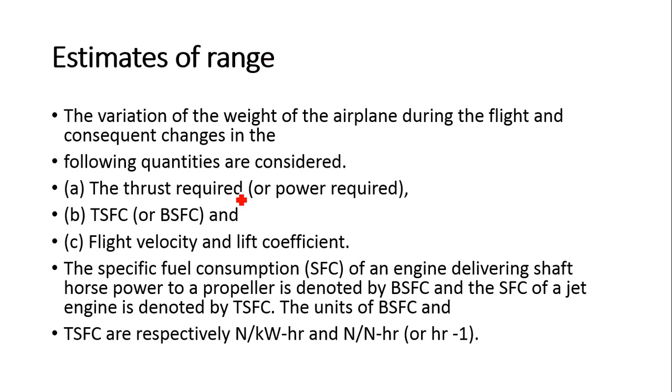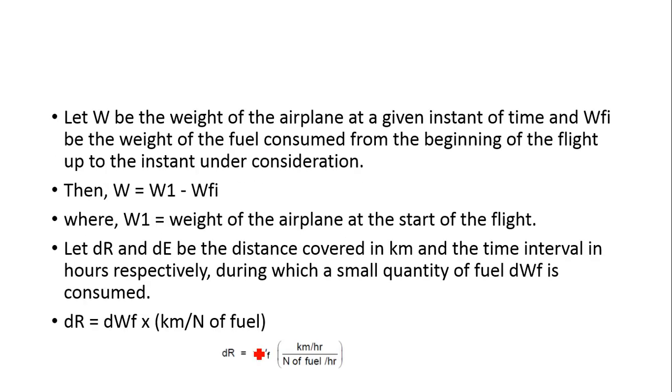We should consider thrust required, thrust specific fuel consumption (TSFC), flight velocity, lift coefficient, and the specific fuel consumption of an engine. The thrust specific fuel consumption is in the unit of Newton per kilowatt hour.